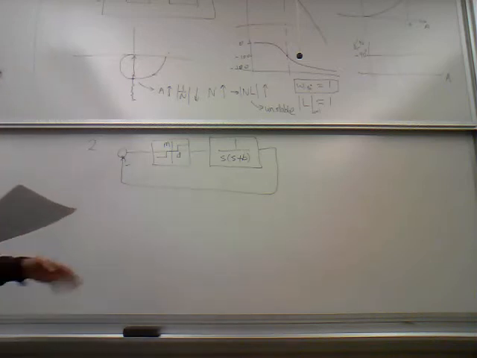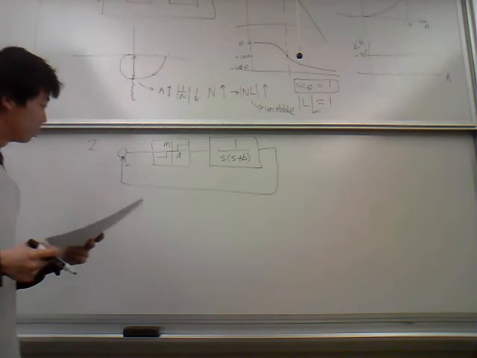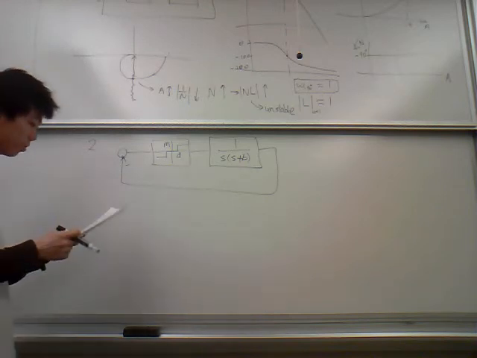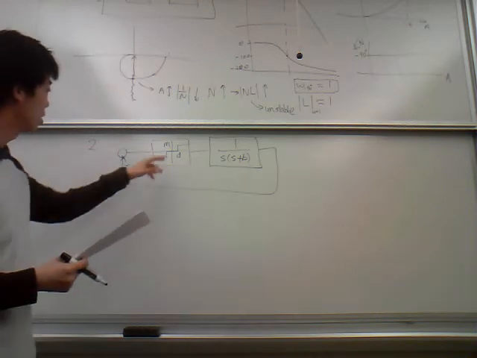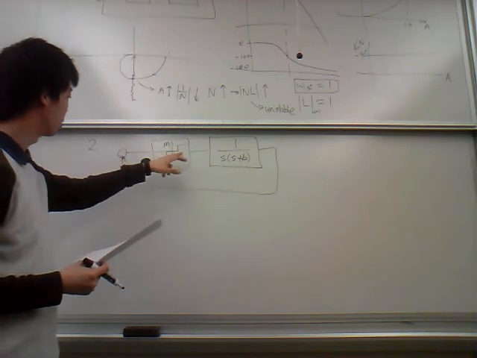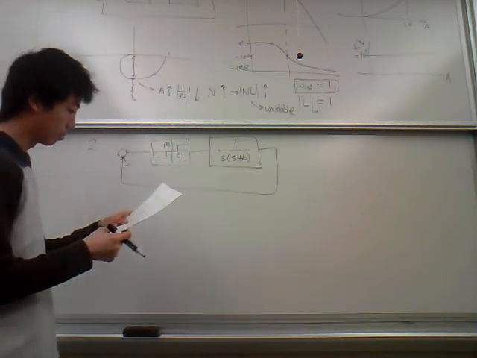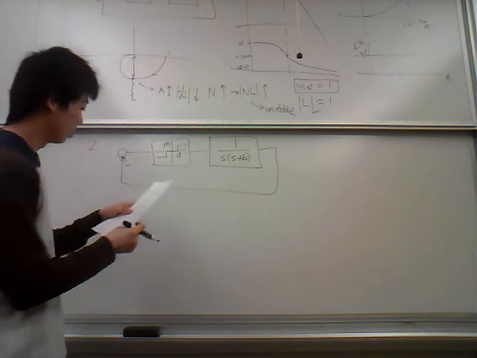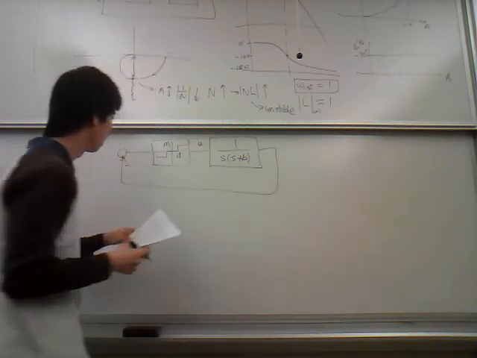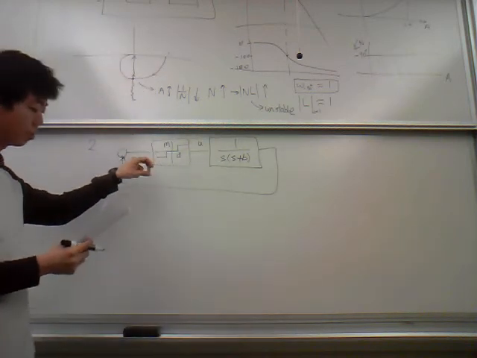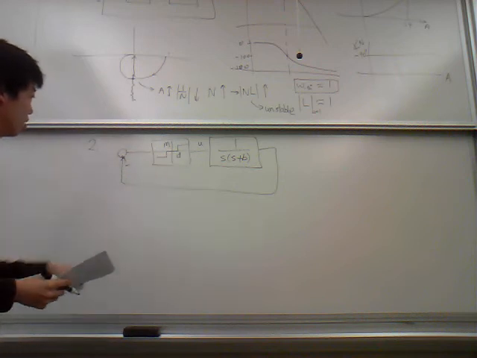So now we need to sketch the phase trajectories of this plant. So there are 3 regions. This is u right here: when u is positive M, when u is negative M, and when u is 0 in the deadband region.